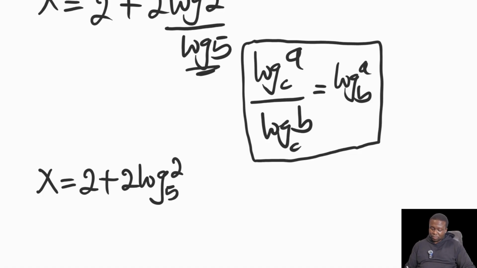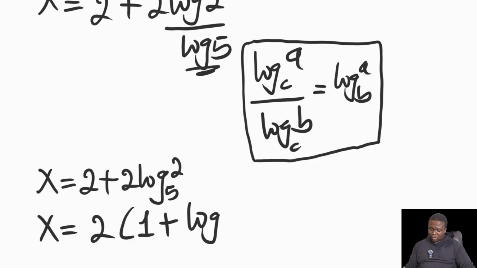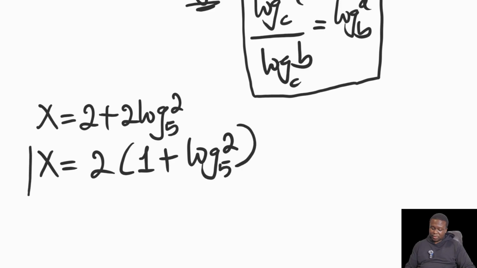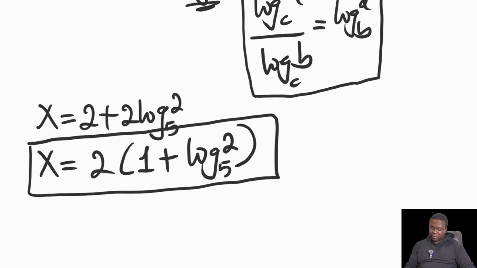Now we can collect some like terms. x is equal to 2 into 1 plus log 2 base 5. And this is the value of our x.